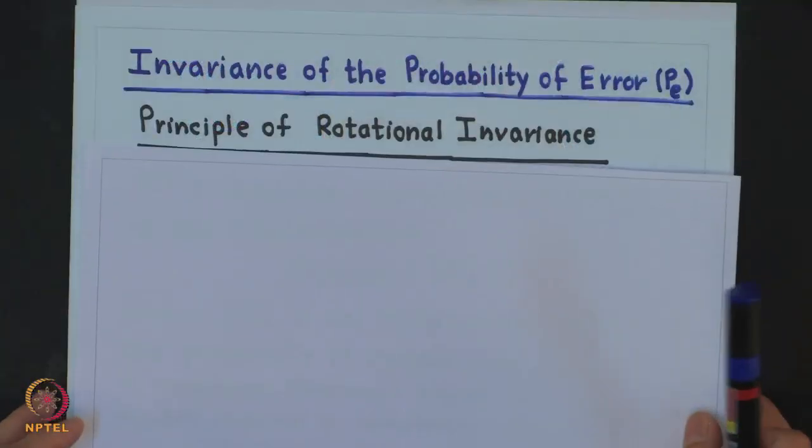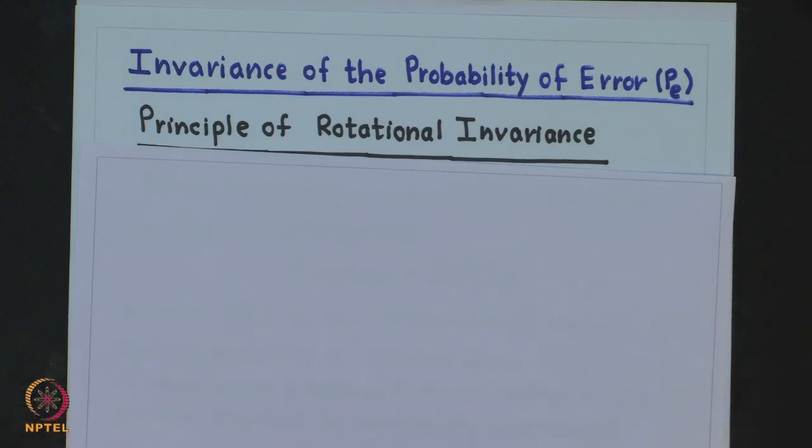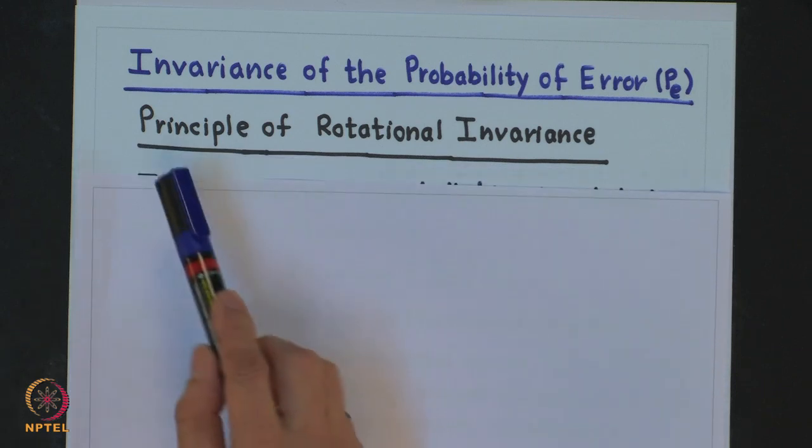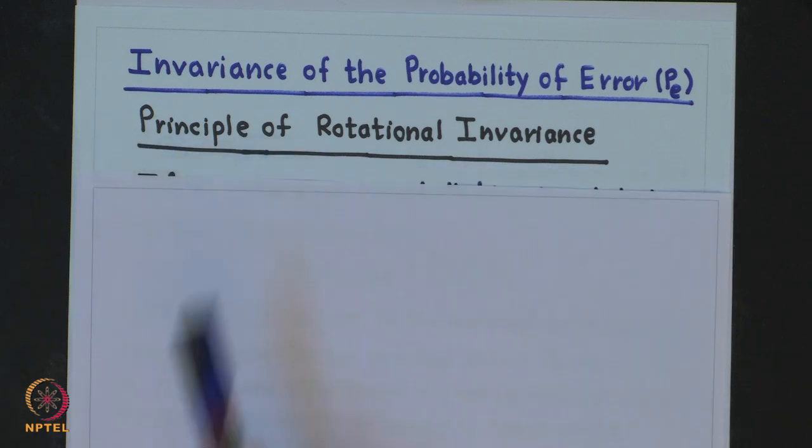Now, the next question is what happens to the probability of error if the coordinate axis is rotated or translated. Let us take the case of rotation. We will study what is known as the principle of rotational invariance.